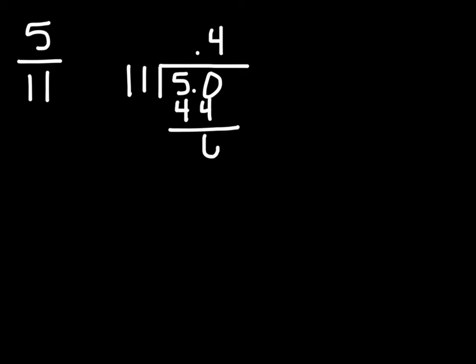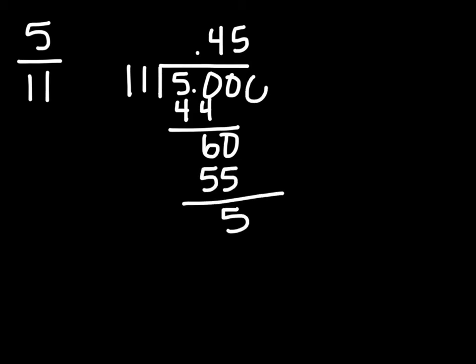Now let's try another: 5 divided by 11. Let's go ahead and work out this division problem. All right, so 11 is going to go into 50, 4 times, 44. 50 minus 44 is 6. Bring down another 0. 11 will go into 65 times. 5 times 11 is 55, giving us a remainder of 5.